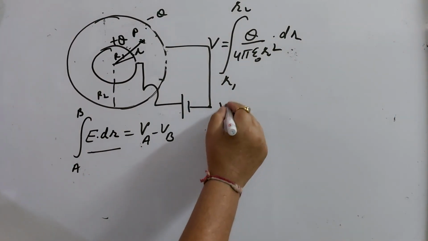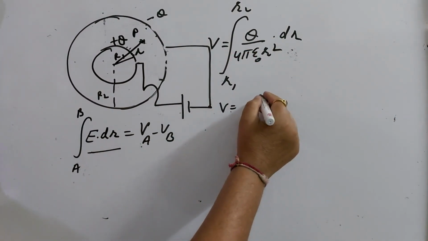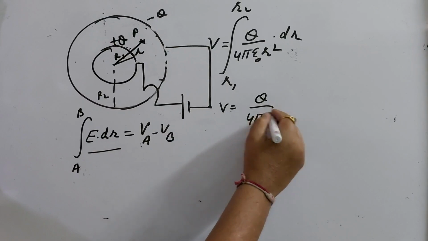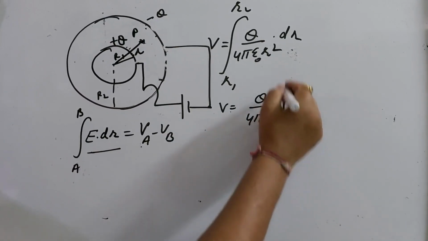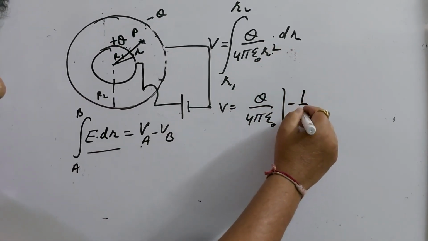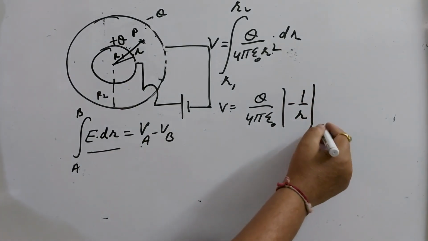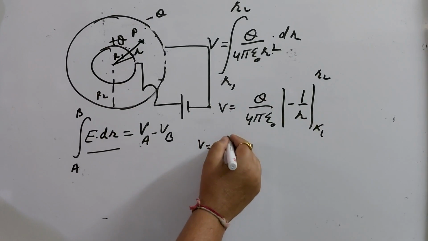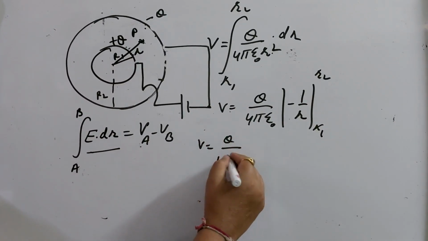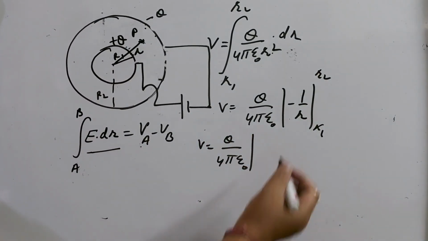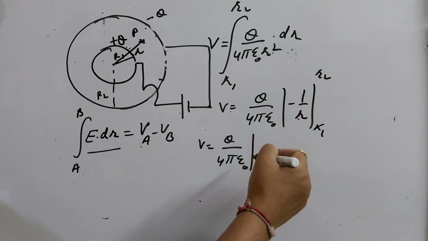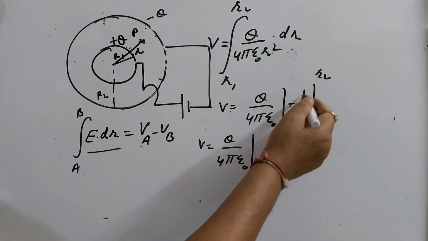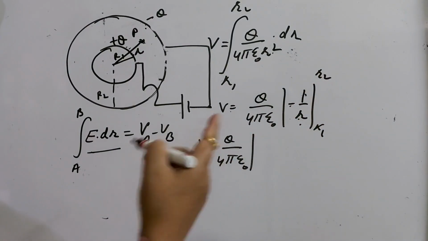So solving this, we know this is q by 4 pi epsilon naught, and the integration of 1 by r squared is minus 1 by r, with limits r1 and r2. So further solving, we have 4 pi epsilon naught and upper limit minus lower limit, so this is minus 1 by r2 minus 1 by r1.